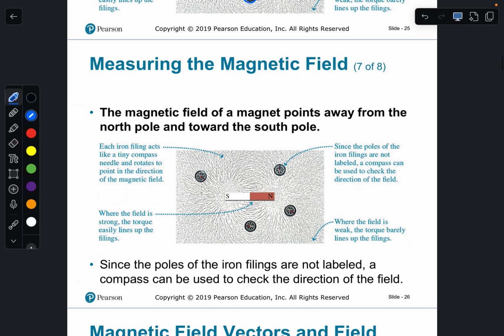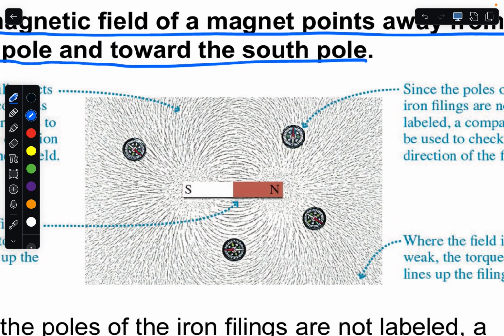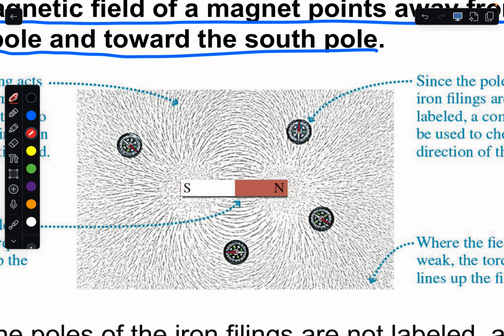The magnetic field lines point away from the North Pole and toward the South Pole. So we zoom in. The red needle is going to point away from the North Pole toward the South Pole.